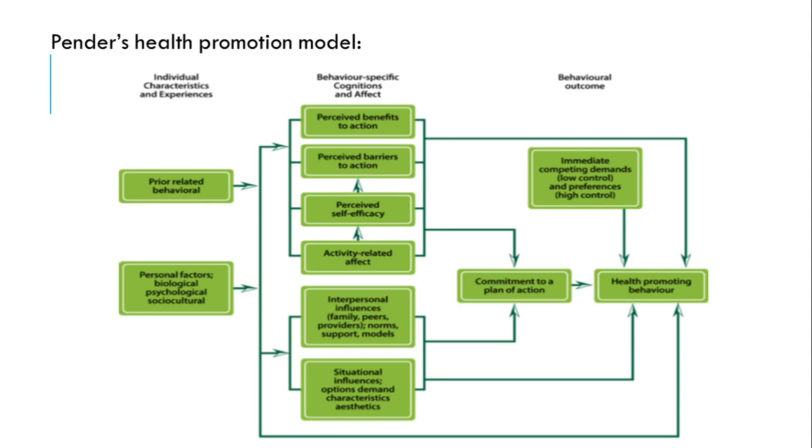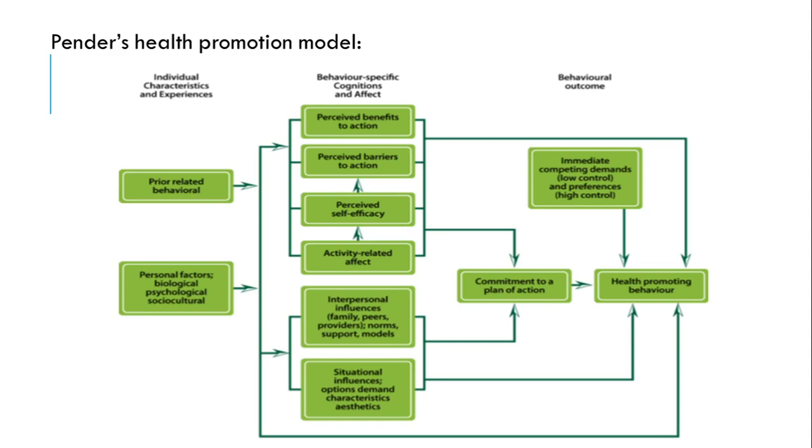Persons are more likely to commit to and engage in health promoting behaviors when significant others model the behavior, because they like to imitate, expect the behavior to occur, and provide the assistance and support to enable the behavior.